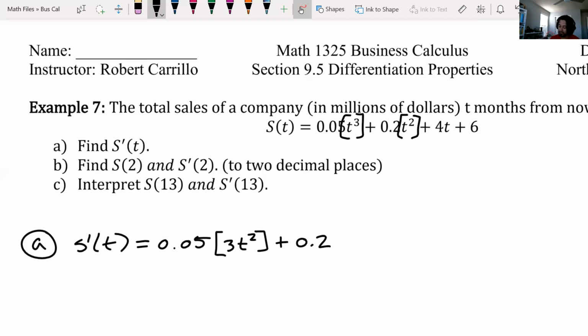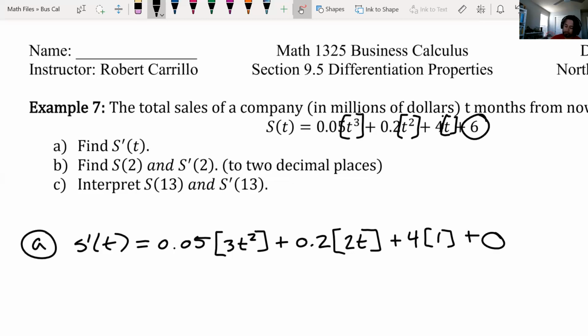What's the derivative of t squared? 2t. Good. Plus 4 times the derivative of t. What's the derivative of t? 1. And plus, what is the derivative of 6? 0. There we go.